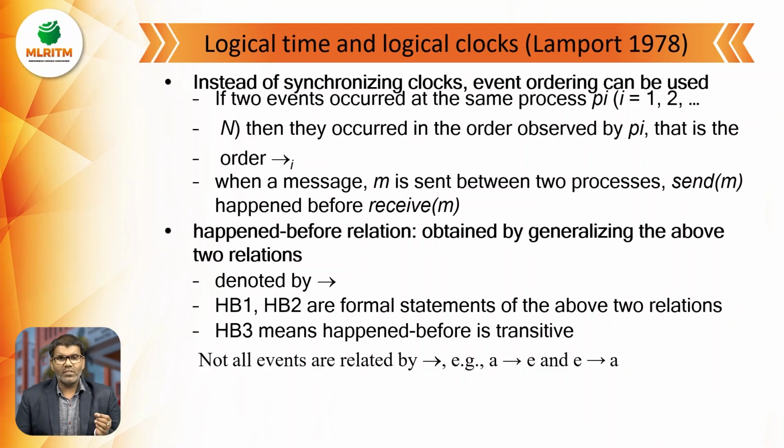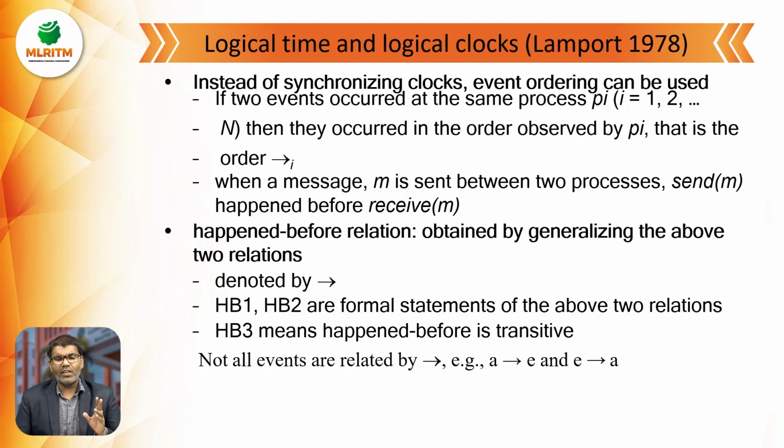If two events occur at the same process pi, where i is equal to 1, 2, 3 and so on up to n, then they occur in the order observed by pi, that is, the order i. Two events occurring at the same process pi are ordered as observed by the order i.